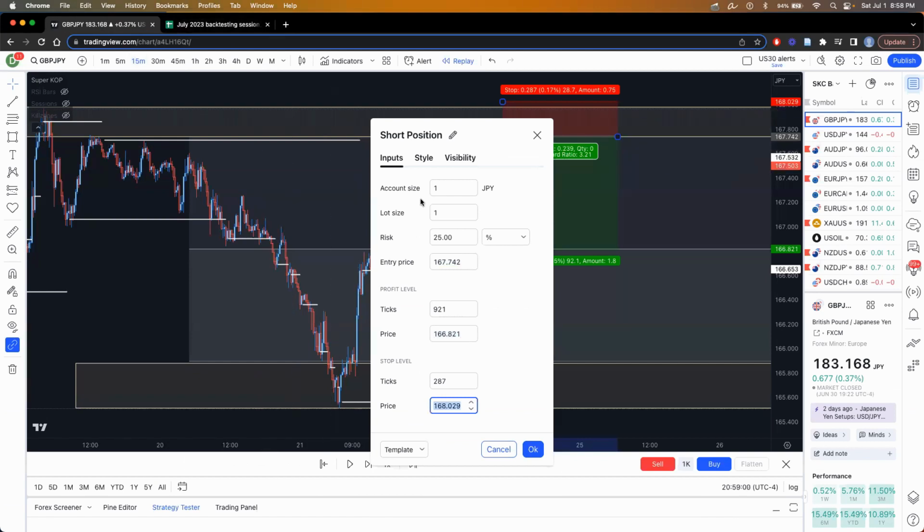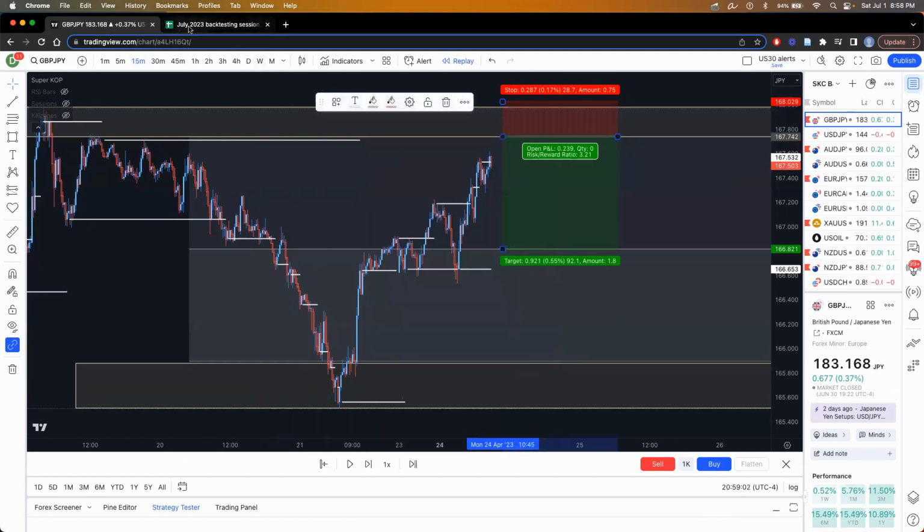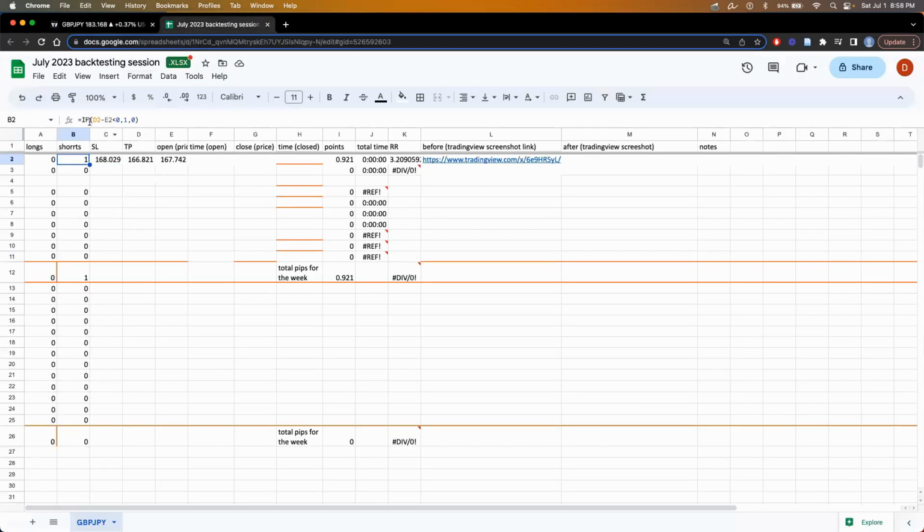I'm expecting to sell. This was just an easy Excel conditional where basically I have in there if my value is negative, you add a 1, letting you know that I'm taking a short. Likewise, for my longs, if the difference between my open price and my TP is positive, then I'm taking a long.